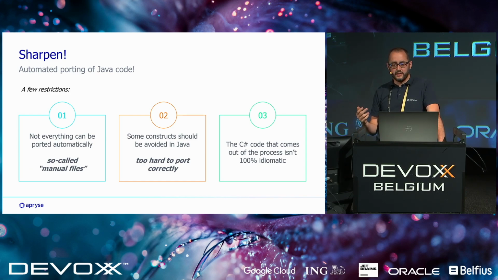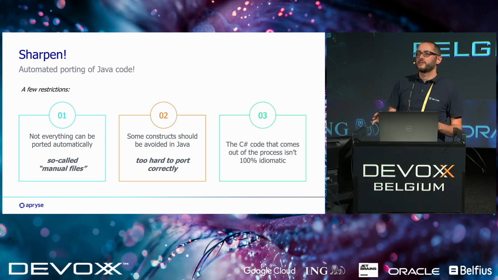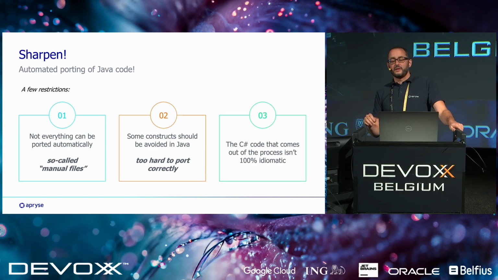Another thing to always keep in mind when developing on iText is that some constructs should be avoided in Java. They're too hard to port correctly, or they're too Java idiomatic, too Java-ish to get correctly to C#. One thing that we have to avoid is using lambdas.